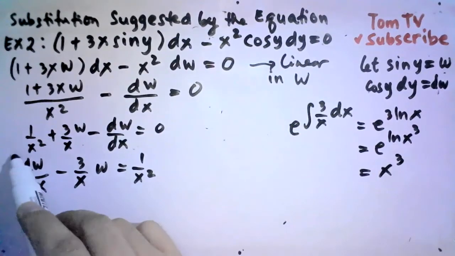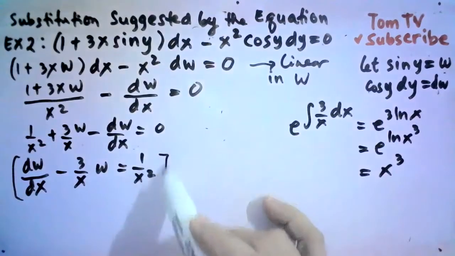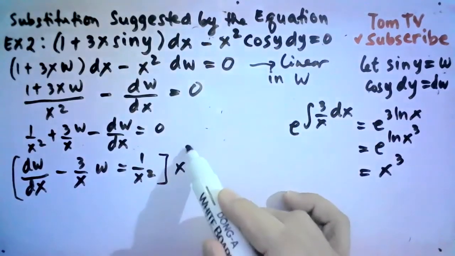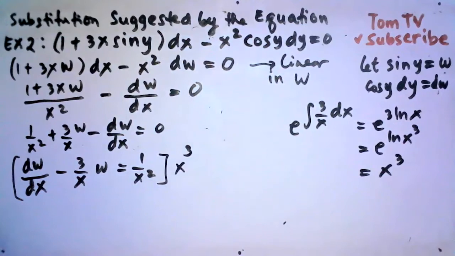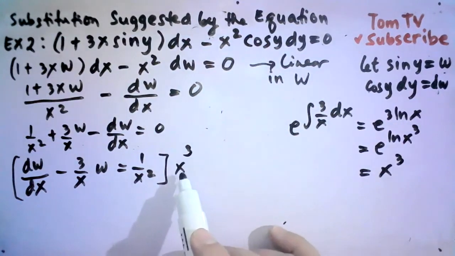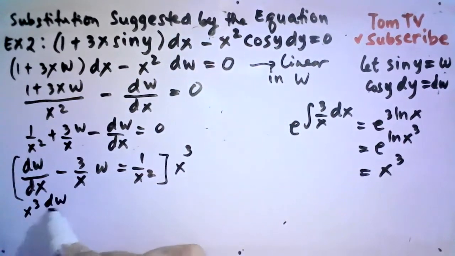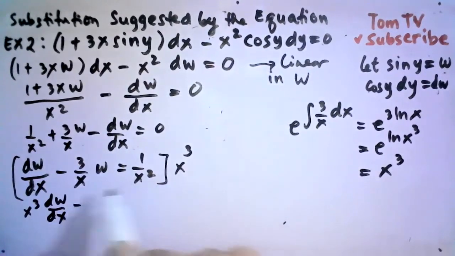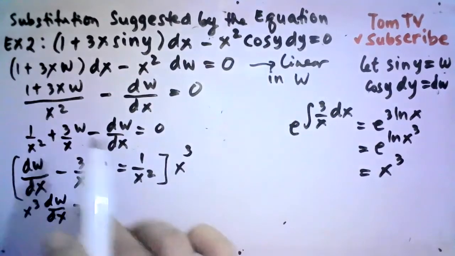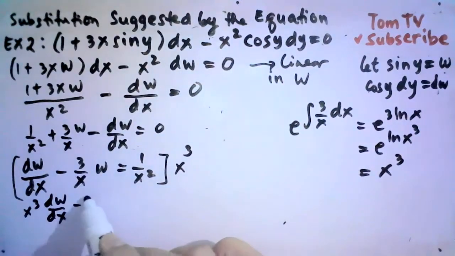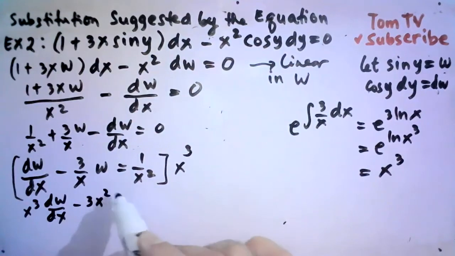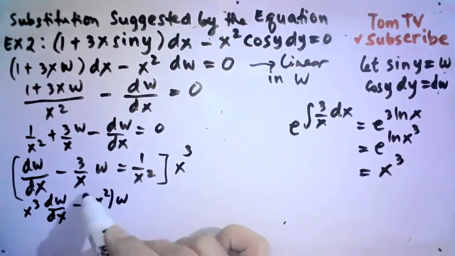So we will multiply both sides by x cubed as our integrating factor, so that we have x cubed times dw over dx, minus 3x squared times w.